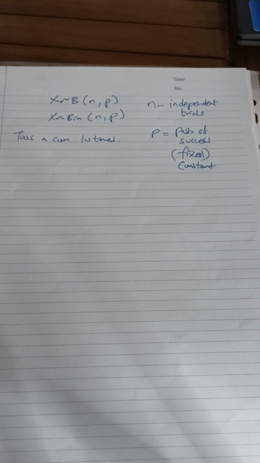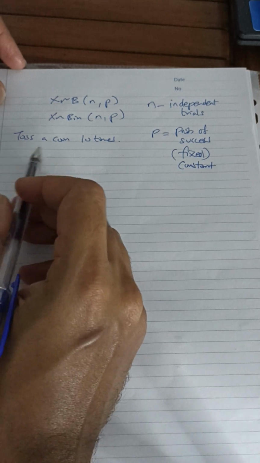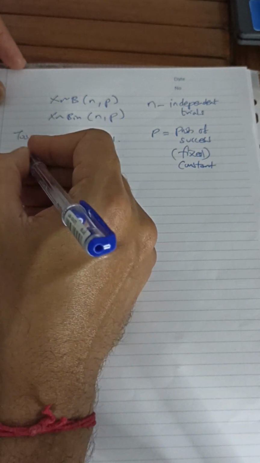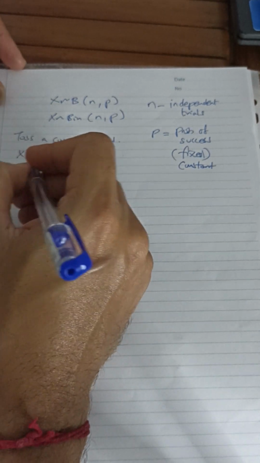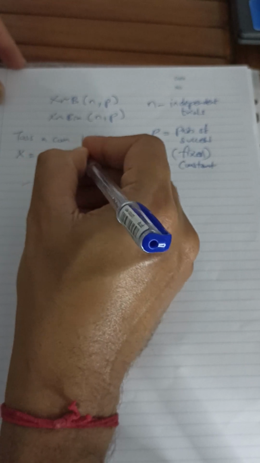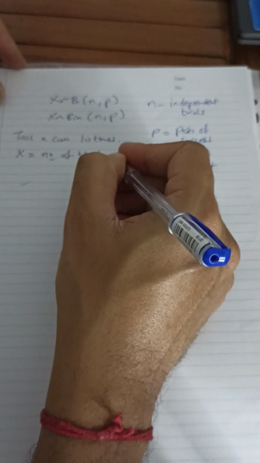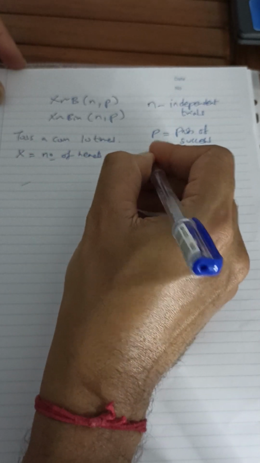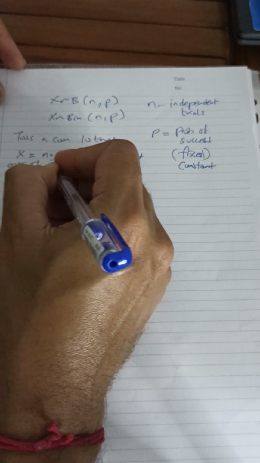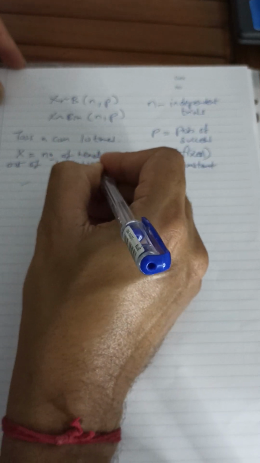They are quite unique on their own, so they are independent. So you're tossing a coin 10 times, and let's say X is the number of heads you get out of 10 tosses.